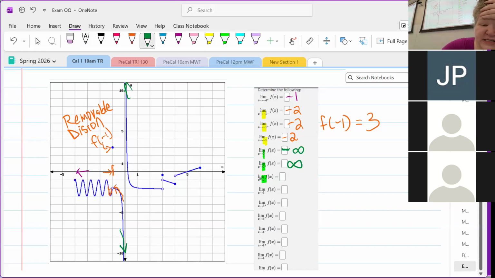So the limit as x approaches 0, which is it, negative infinity or positive infinity? Doesn't exist. All right, so this is another discontinuity.